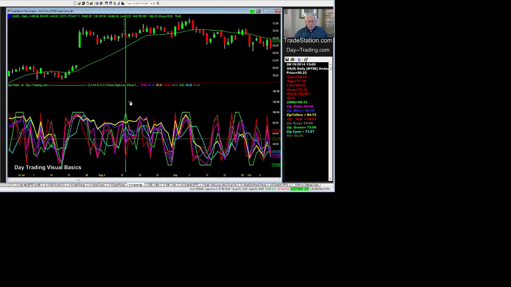In every situation that I've shown you in these videos, when you have a zip green at 100, it may stay at 100 a few days, but eventually it goes down. But in this case, on the same day that it hits 100, the red line has gone in the opposite direction, and pink has gone in the opposite direction.